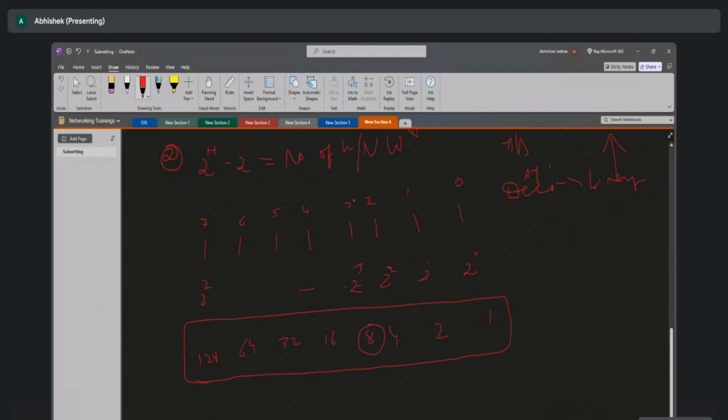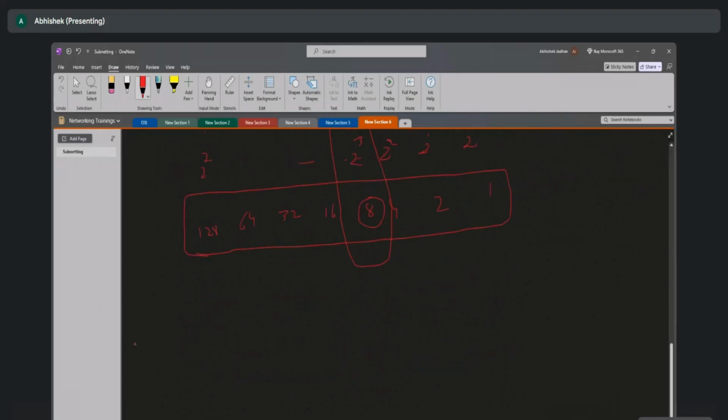So the number one thing is, we see that when 3 bits are borrowed, that is when you will be having 8 subnets. That is when you will be having 8 network addresses within whatever we are trying to build from that network.